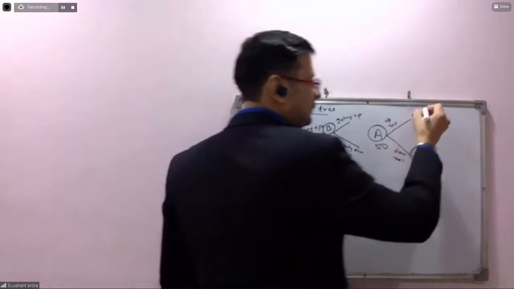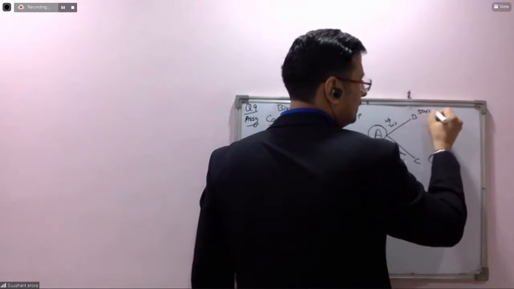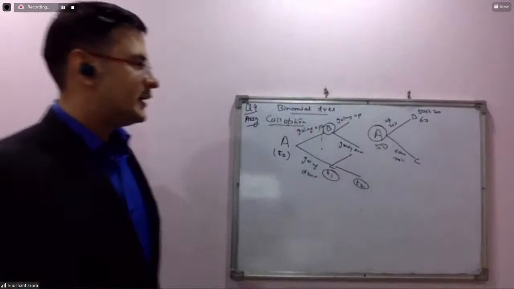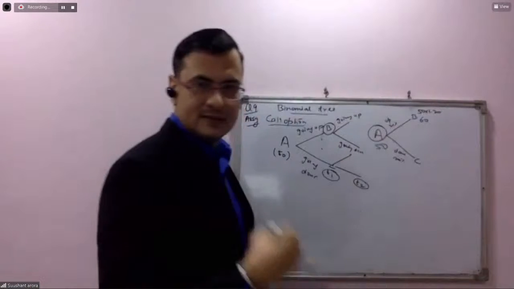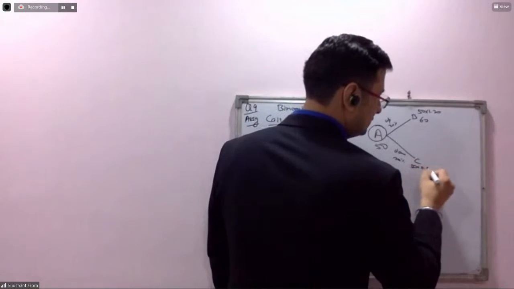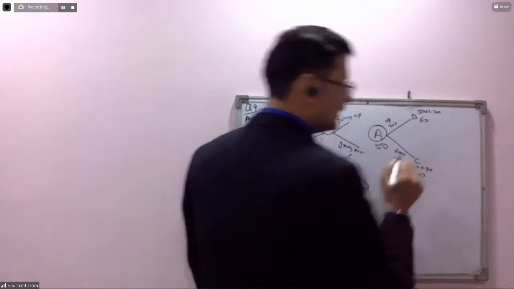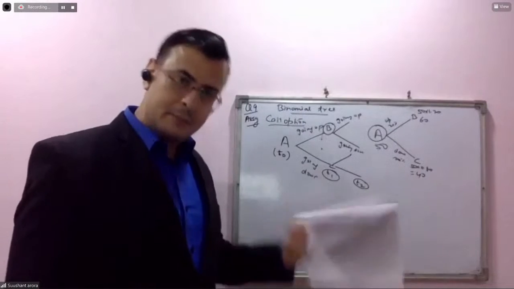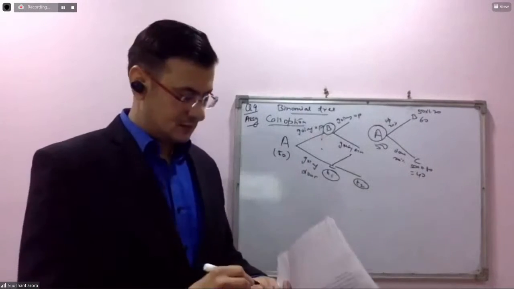So 50 plus 20% is 60. 50 down 20%, means 80%, is $40. Is it clear? I am repeating because I know it's a very tough concept.